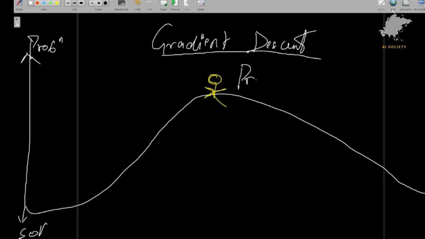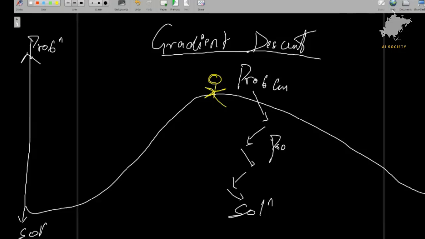The process of moving from problem to solution is to take tiny steps. Tiny steps is a very important term, in terms of both maths and theory.